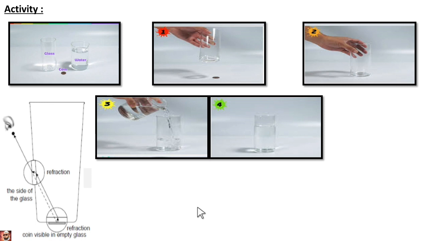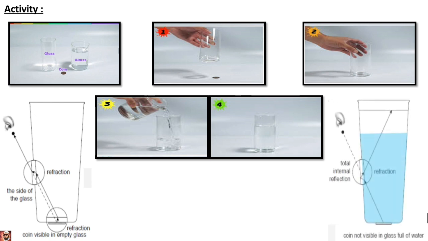The explanation for this is, when the glass is empty and the coin is below the glass, the rays come from the coin, reach the side of the glass, and get refracted and reach your eye. When the refracted ray reaches your eye, you can see the coin.